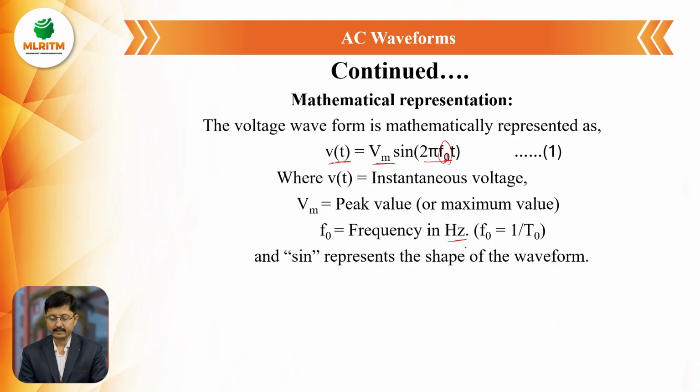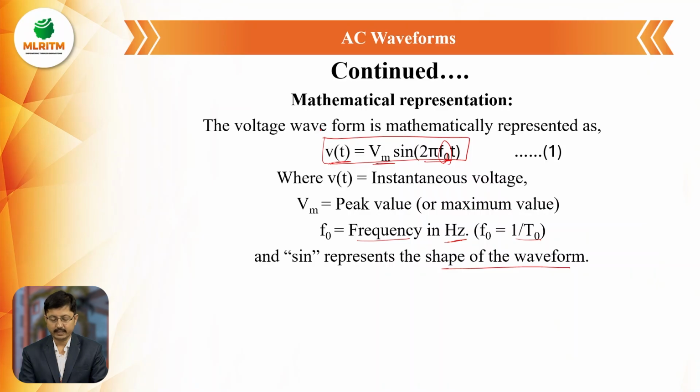We will define these terms, the frequency, time period, amplitude, peak factor and everything, in the next lecture. The sine represents the shape of the sine wave. This is the standard mathematical representation of a waveform.